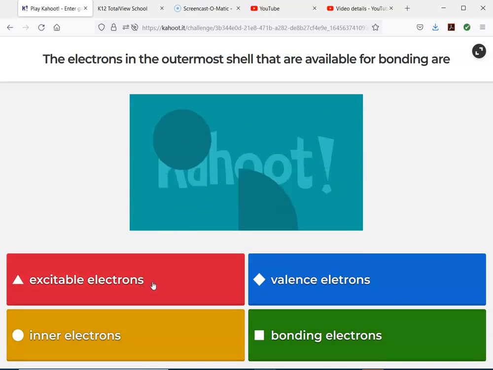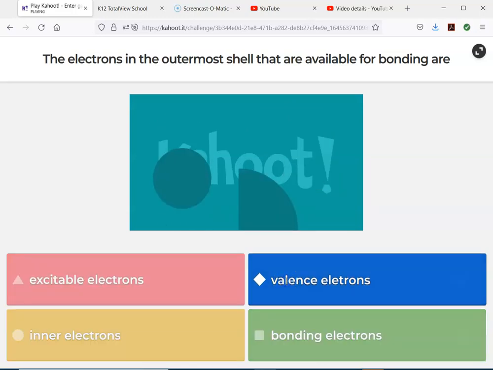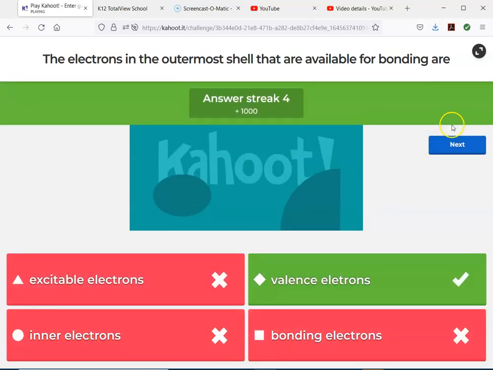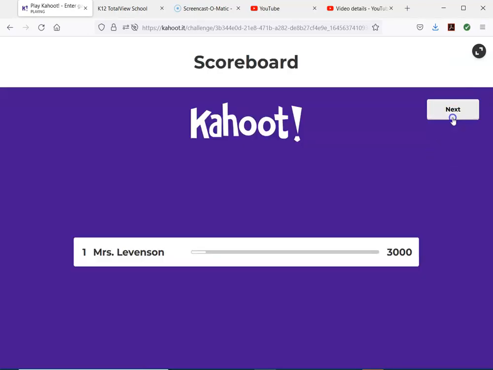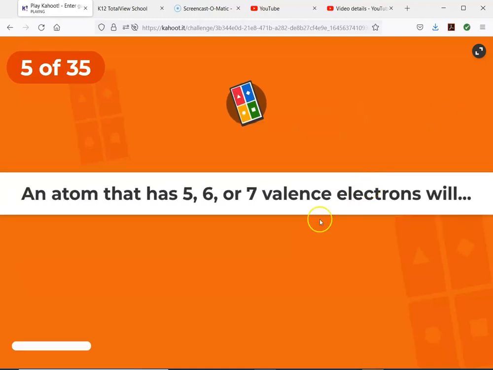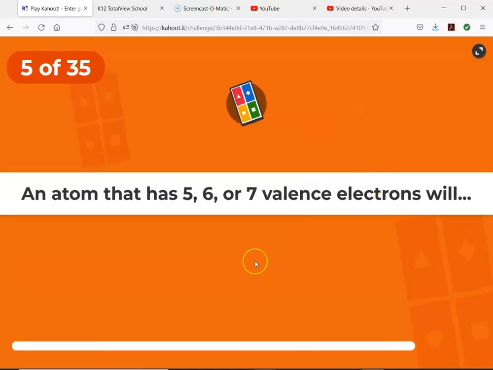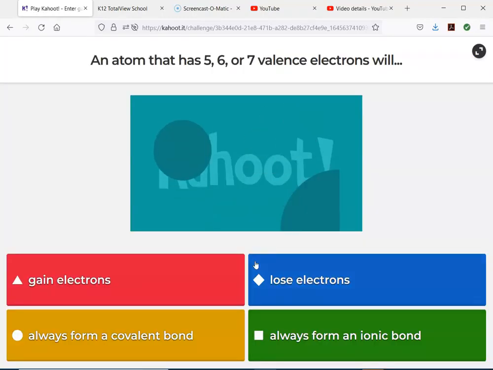We don't really know that. They can be used for bonding. That's not actually the name of them. They are the valence electrons in the outermost shell available for bonding. They're called valence electrons.